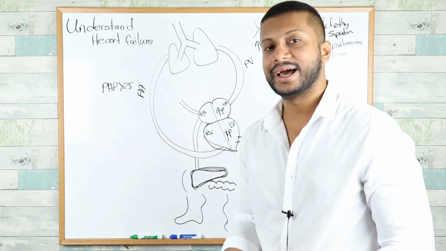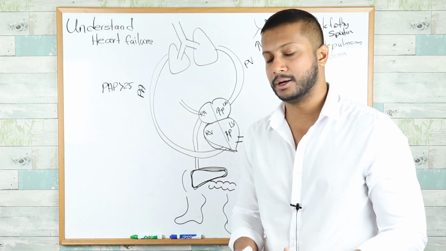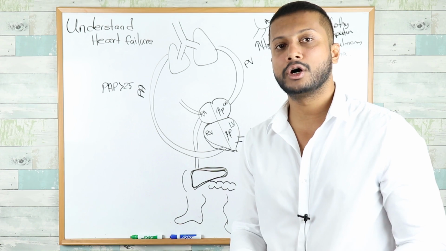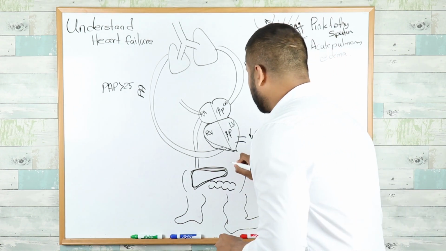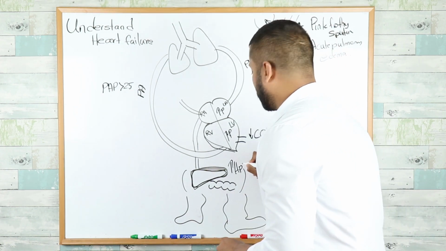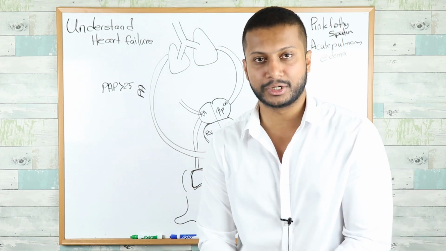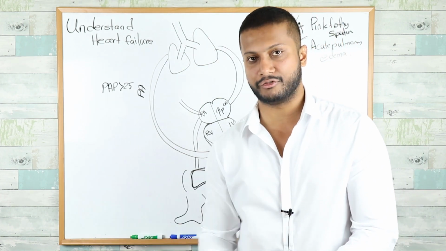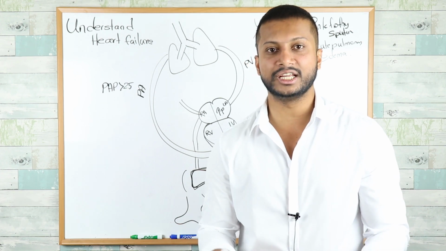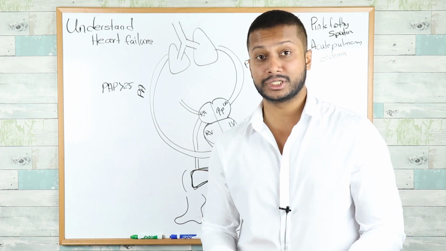Again, the reason you get ascites in heart failure is because of elevated hydrostatic pressures, guys. This is important. You want to remember that in different types of failures you can get the same presentation, but the reason is different. In heart failure it's due to elevated hydrostatic pressure.